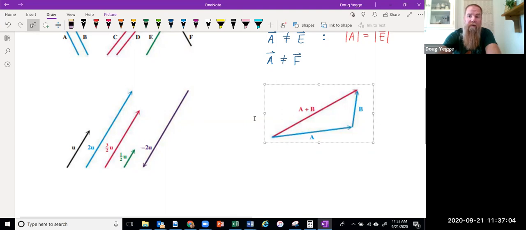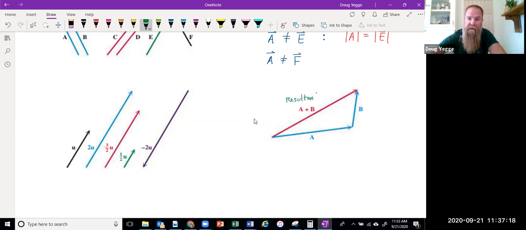Now, in order to add vectors together, we're basically adding forces. We're combining multiple forces together to get something referred to as a resultant force. So if I want to define the resultant of two forces, namely vector A and vector B, then what I would simply do is start with vector A and draw that until the terminal point.